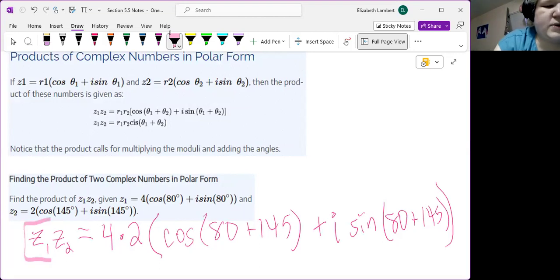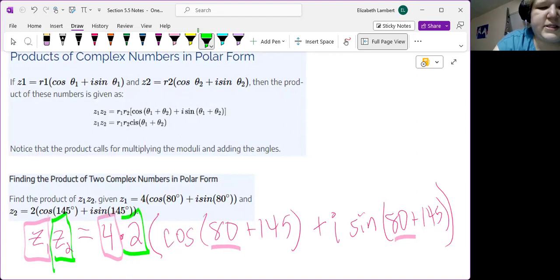All right, so Z1 is 4, 80, and 80. Z2 is the 2, 145, and 145.